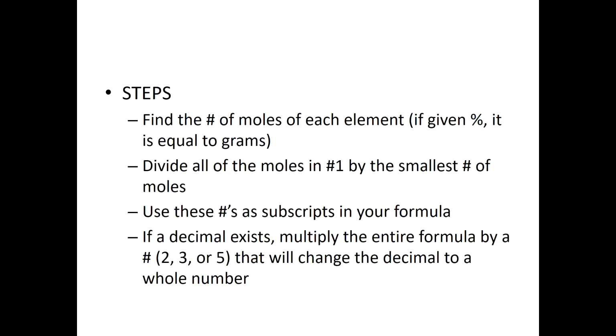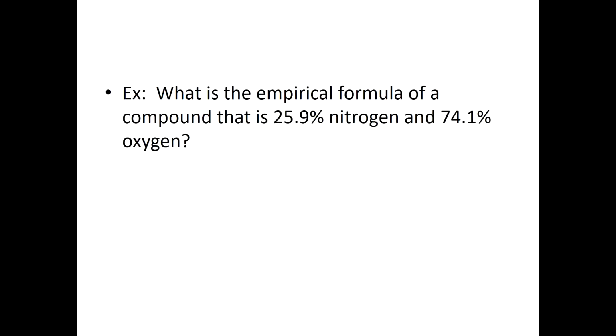If one of your subscripts is 1.5, then you need to multiply them all by 2 to make that a whole number. If one of your subscripts is 0.3, then you need to multiply them all by 3. So I know this probably doesn't make a whole lot of sense without doing a problem, so that's what we're going to do now. We're going to switch over to an example.